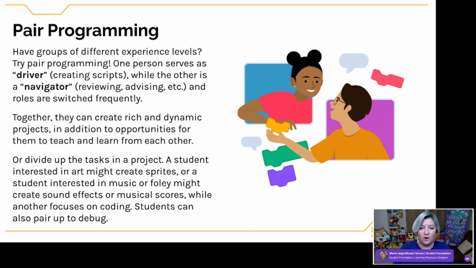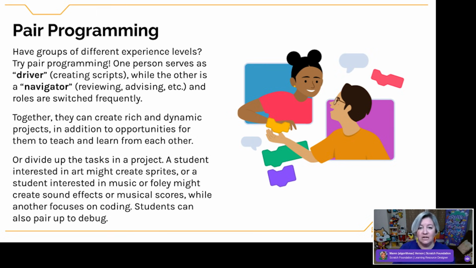One person is the driver who creates the code, while the other is the navigator who reviews, guides, and thinks strategically. Roles are then switched frequently to balance tasks and share knowledge. Together, the pair can create rich and dynamic projects, while they have opportunities to teach and learn from each other and explore different solutions.